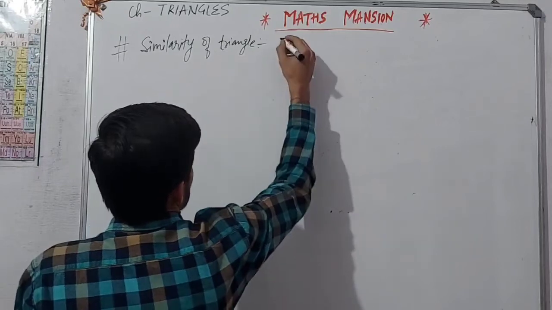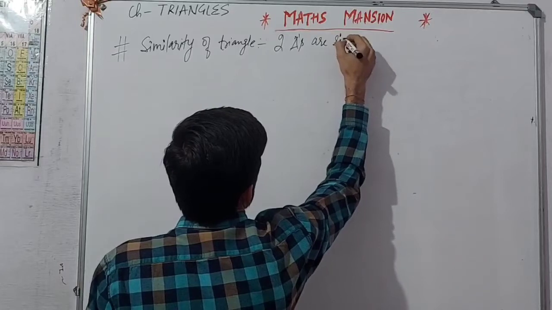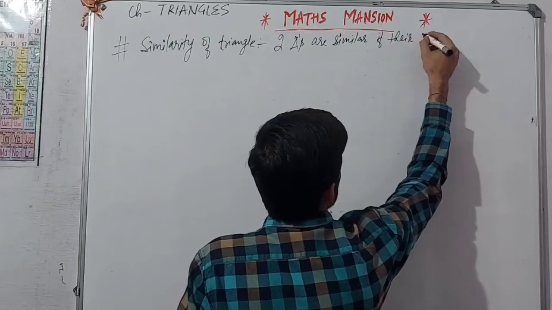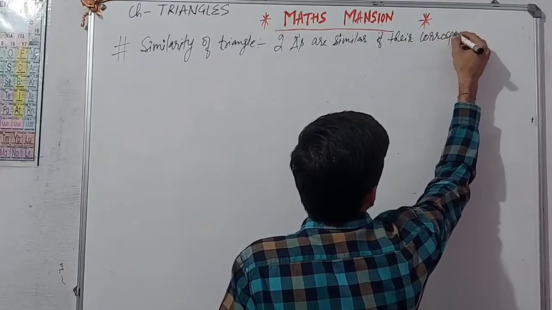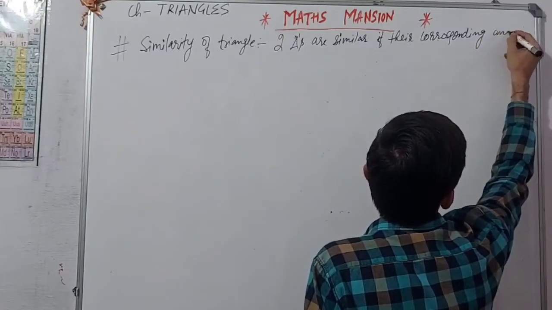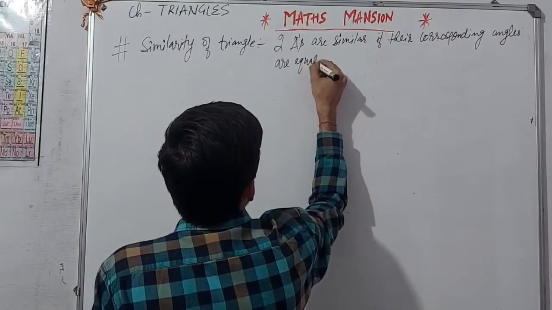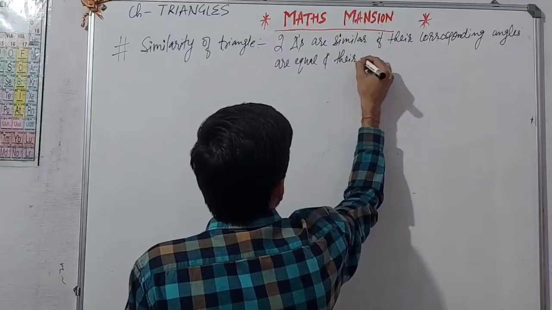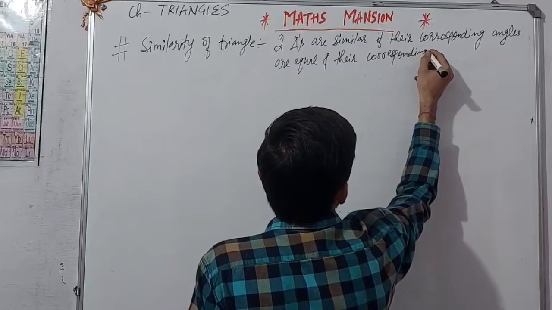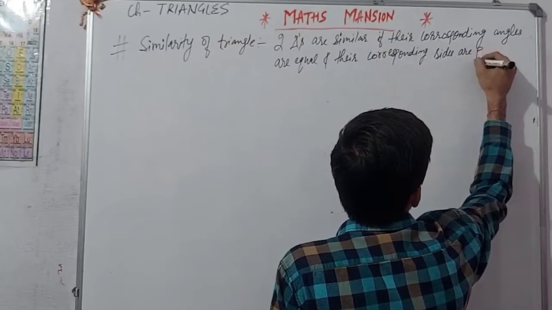So, two triangles are similar if their corresponding angles are equal and their corresponding sides are proportional.